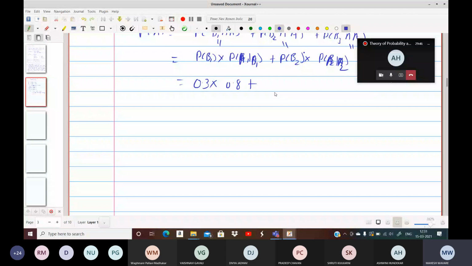The first is 0.24, second is 0.05, and third is 0.08. Okay, and the summation is 0.37. The probability of membership fee increase is 0.37. That is the probability of membership fee increase, and in the same example we also have to find part B.